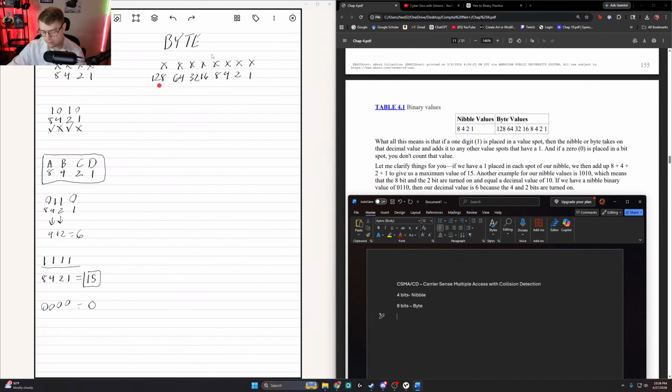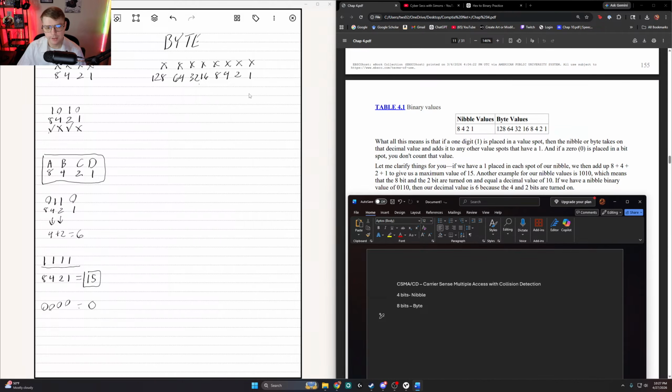And you can kind of notice a behavior here, right? 128 and then 64. 64 is half of 128. 32 is half of 64. 16 is half of 32. 8 is half of 16. 4 is half of 8. 2 is half of 4. 1 is half of 2. So that's kind of how it's set up.